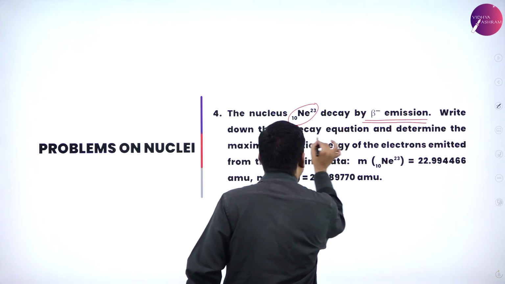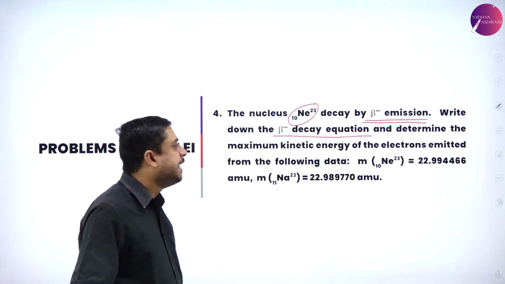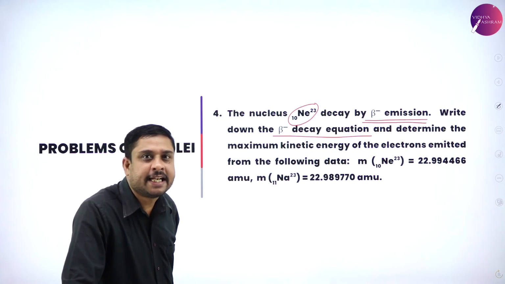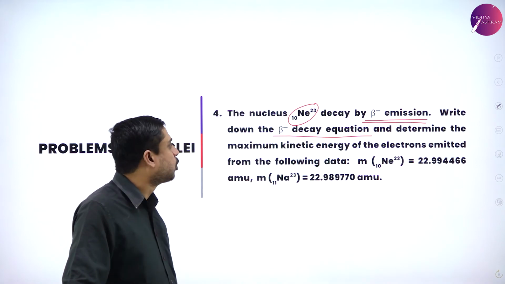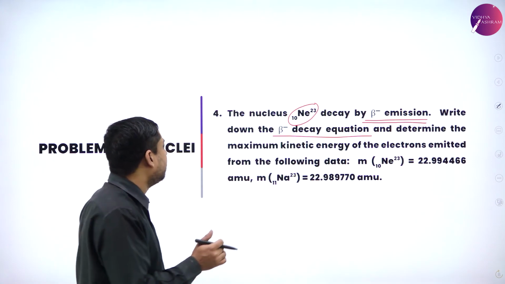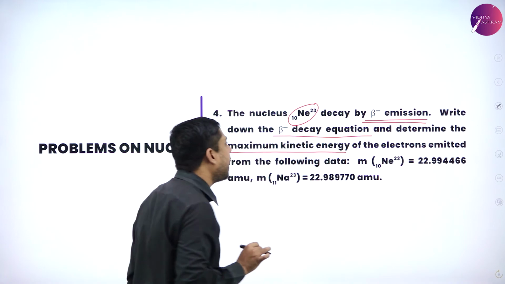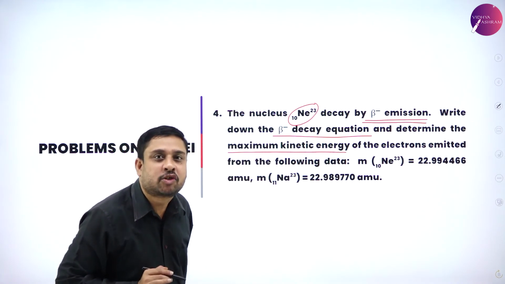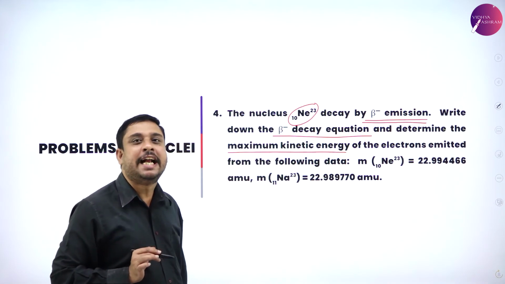Write down the beta decay equation and determine the maximum kinetic energy of the electrons emitted from the following data.